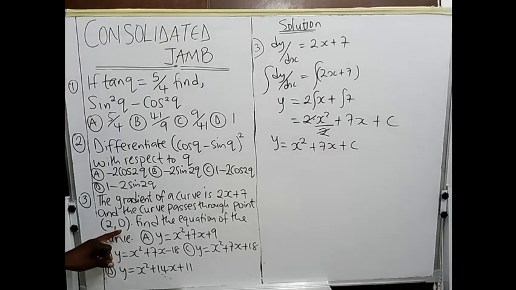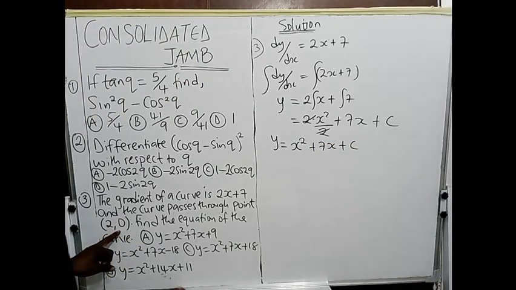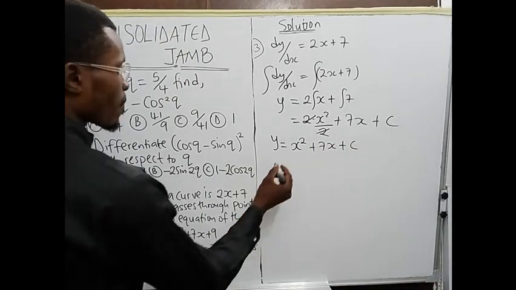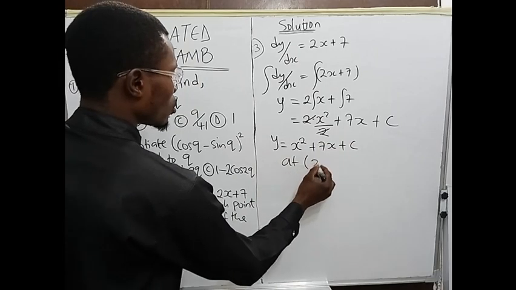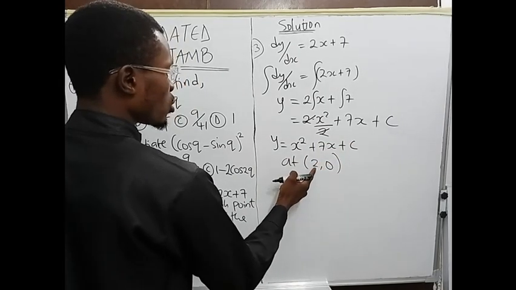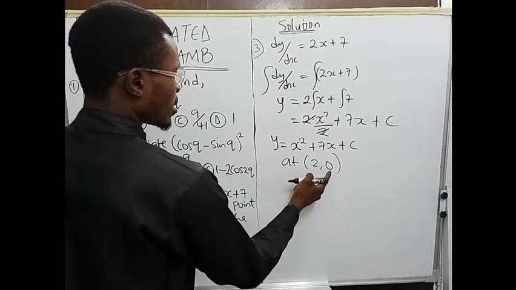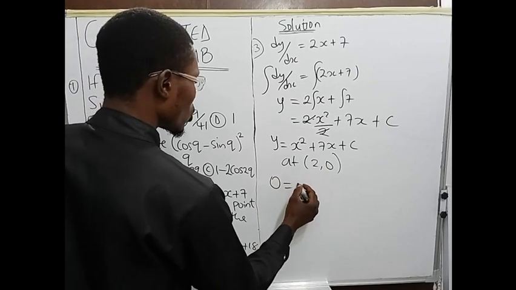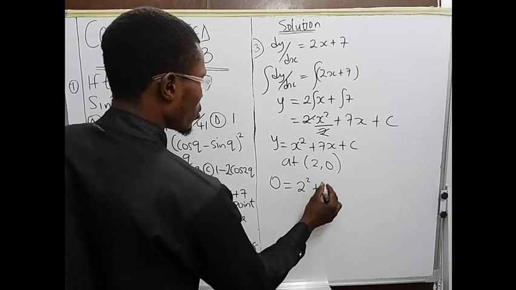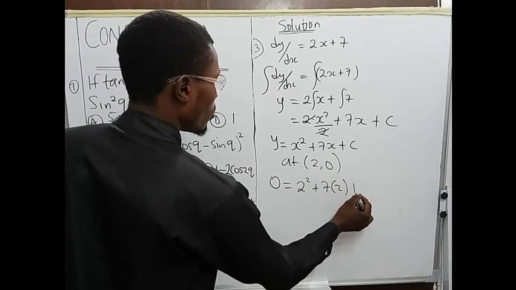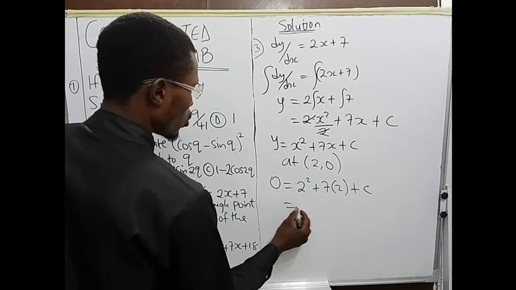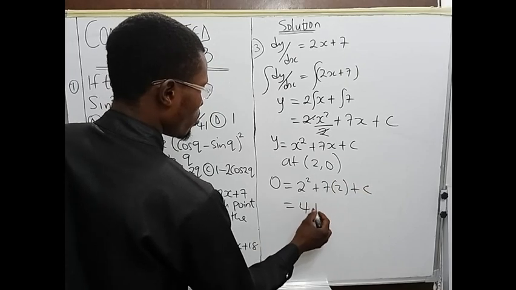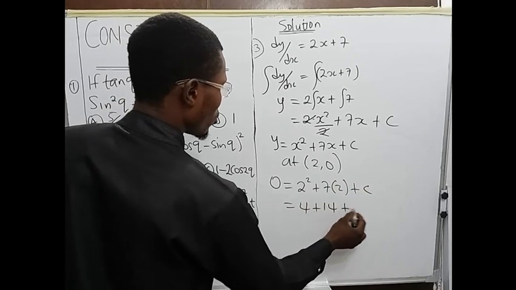So we're going to substitute the value of the point. At 2, 0, that's when x is 2 and y is 0, you're going to have 0 equals 2 square plus 7 times 2 plus c. This will give us 4 plus 14 plus c.